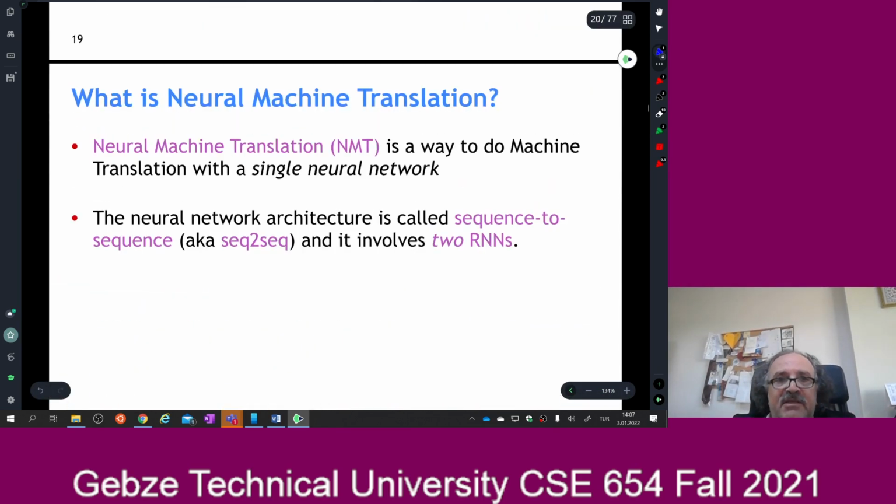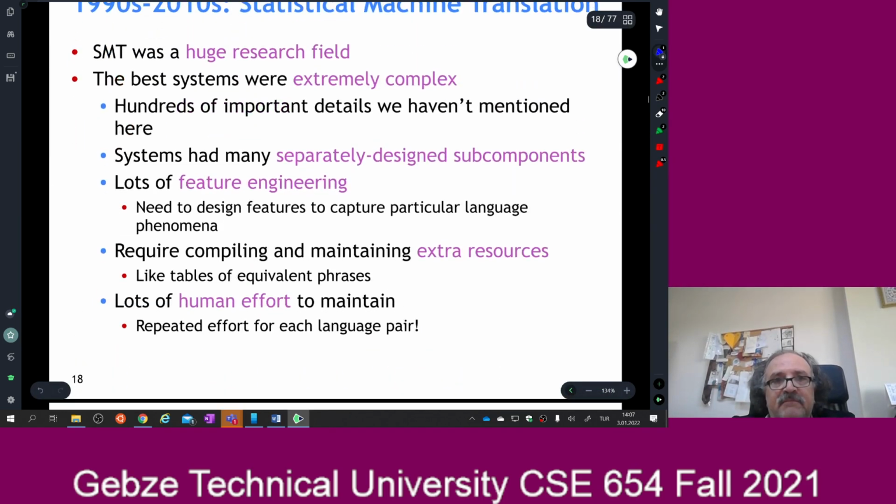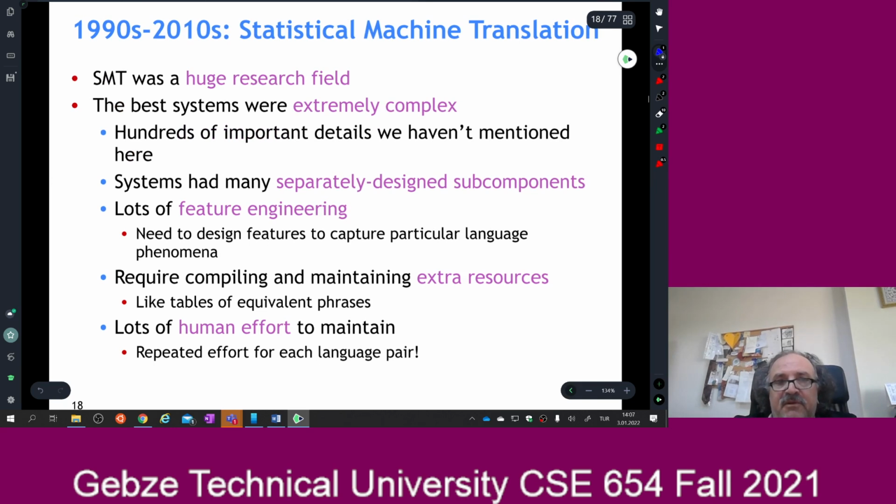Okay, let's go back. Let's look at this one again. So these are the problems with the statistical machine translation. Which ones are gone? Well, the first one, for example, extremely complex.